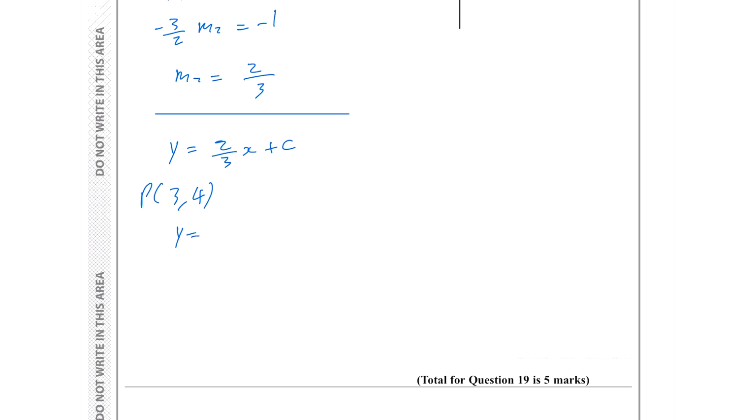We know what y is: 4 = 2/3 × 3 + c. So 4 = 2 + c, and then c = 2. Now we know what c is, we can write this equation as y = 2/3 x + 2.